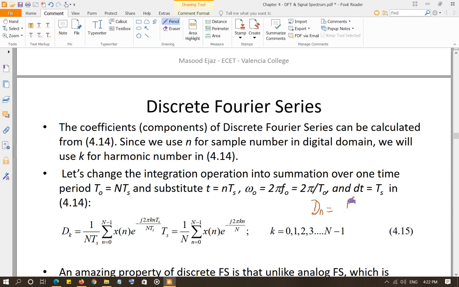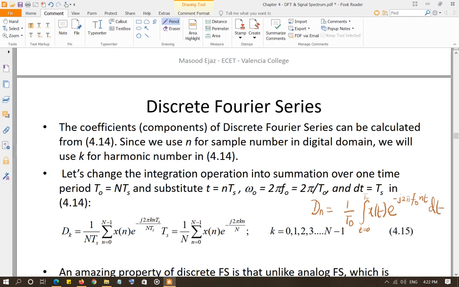Dn is 1 over T0 integral from t equals 0 to T0, or one cycle, whichever cycle you choose, it doesn't matter, of x of t e to the power negative j 2 pi f naught, which is omega naught, n t dt.